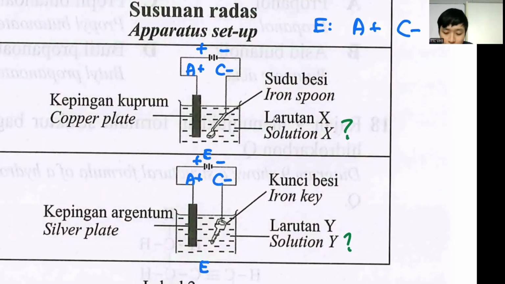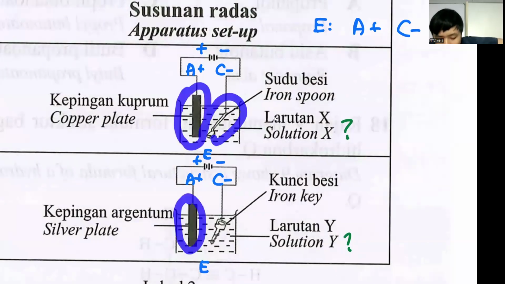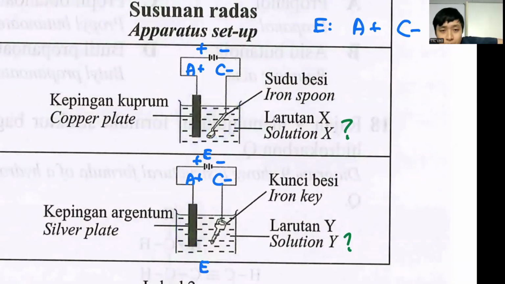The sacrificial metal is supposed to be the anode, while the iron spoon, iron key, iron ring is supposed to be at the cathode. In this case, one uses a copper plate, one uses a silver plate. This one is very easy.